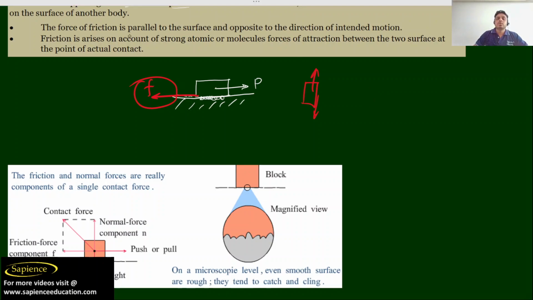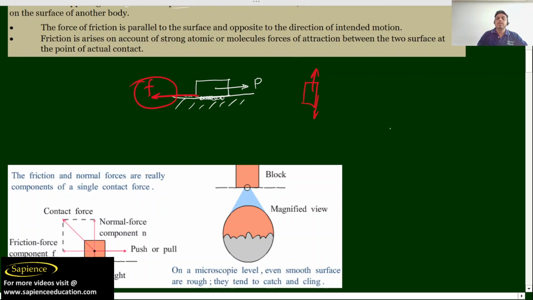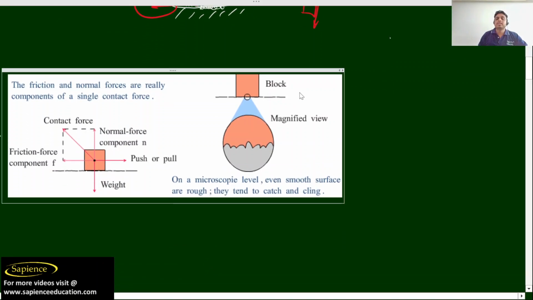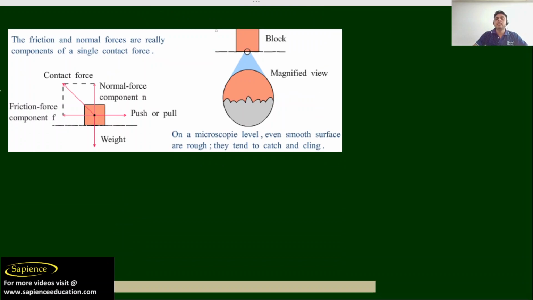Let me show you by a diagram. See, here I have drawn a block and a surface. If you go for a microscopic or magnified view, what will the view be?